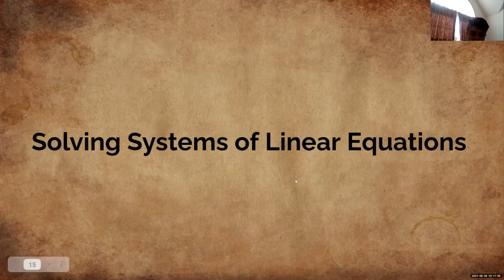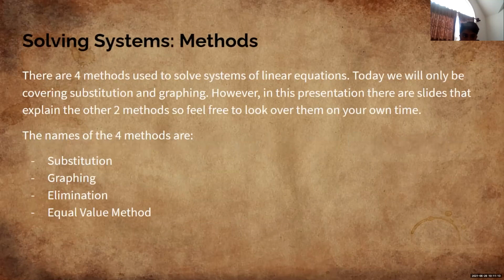It's better now. Okay, solving systems of linear equations. This is where we get out of our review and start actually learning more about the new concept. There are 4 methods that we use to solve systems of linear equations, and today we will only be covering 2 of those methods: substitution and graphing. The other 2 are the elimination and equal value methods, but you can look at those over your own time.